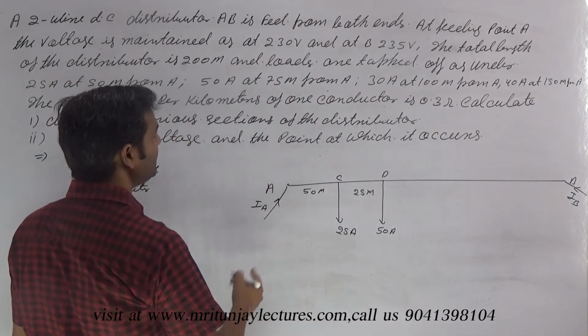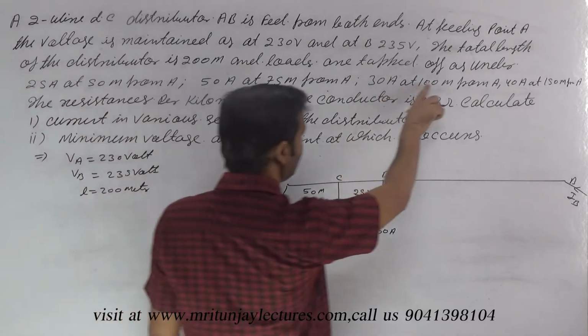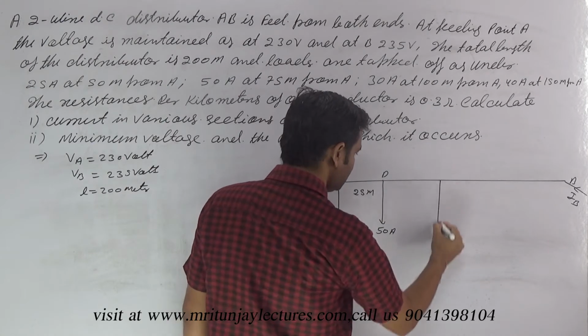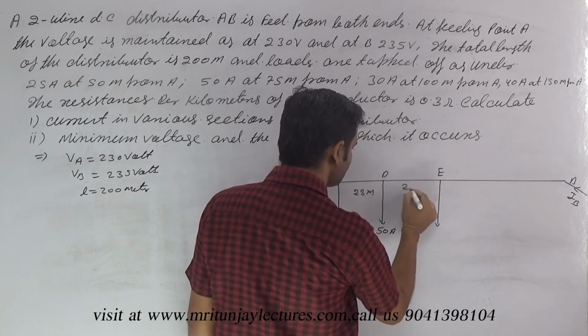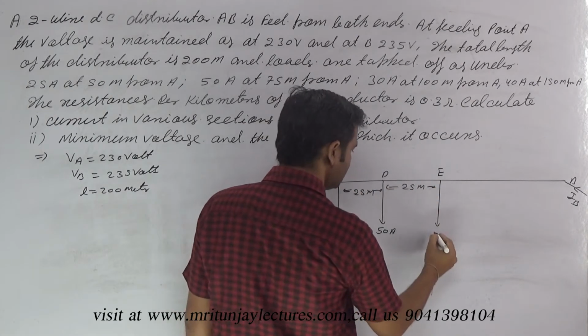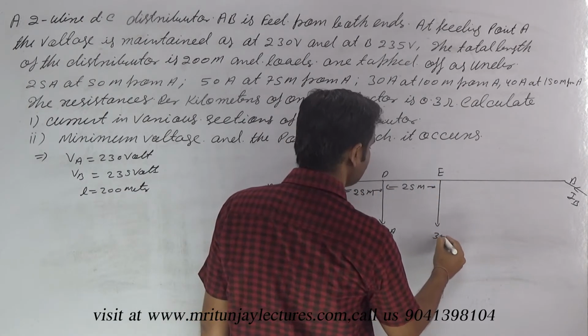Another load, 30 ampere at 100 meter from A, means point E, which is again 25 meter from D, and the current is 30 ampere.